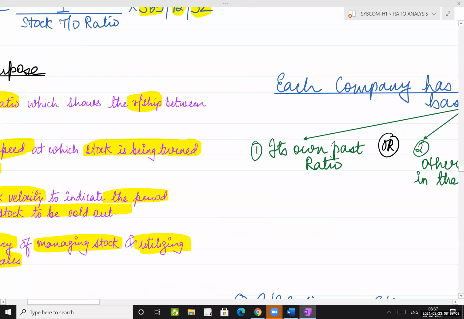How is the standard stock turnover ratio identified? Either the same logic, based on the past performance of the company, or on the basis of others in the same industry, that is with the same nature of business.